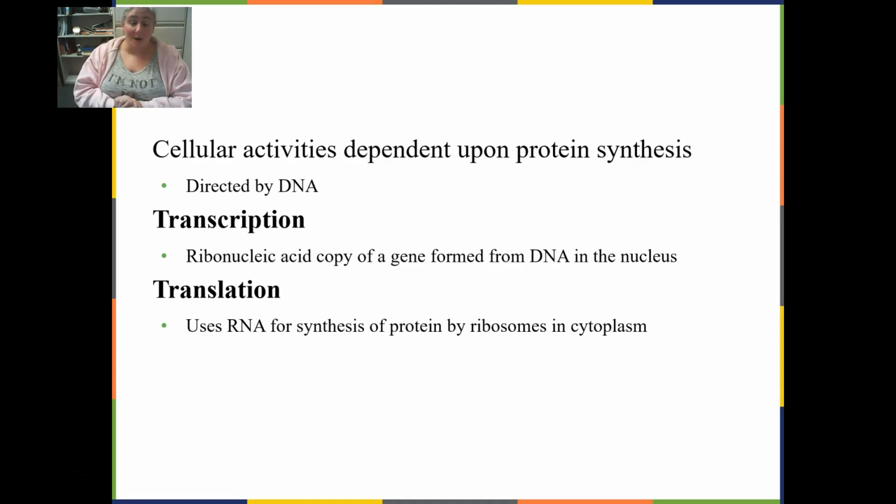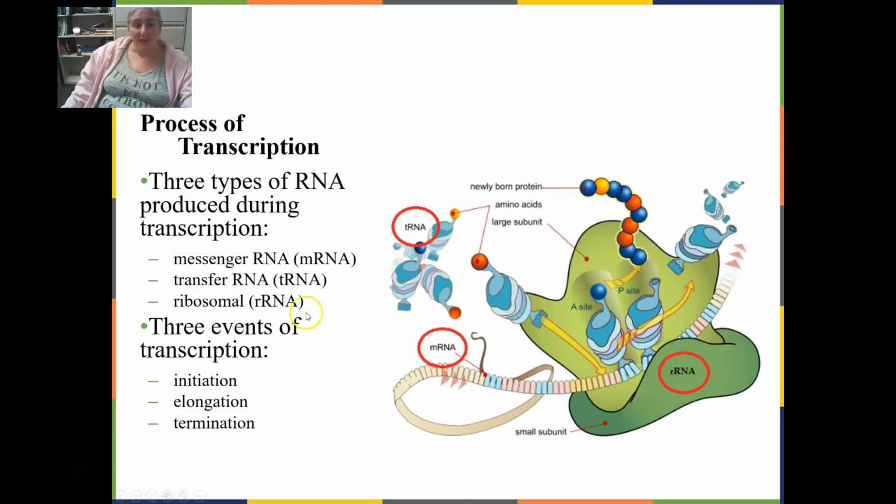Translation then is the process of taking the RNA transcript and producing the actual protein. That occurs in the cytoplasm on ribosomes. There are 3 types of RNA that can be formed during transcription. The one we always talk about is messenger RNA, but we also produce our transfer RNAs and our ribosomal RNAs through transcription.